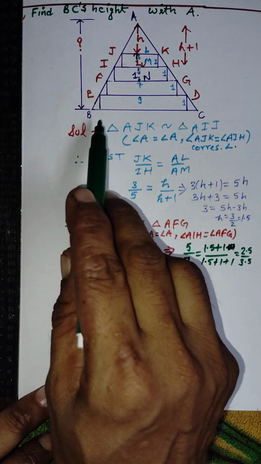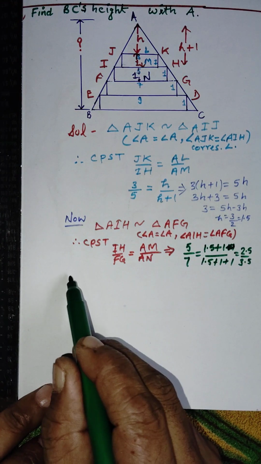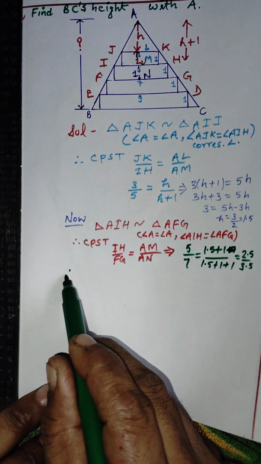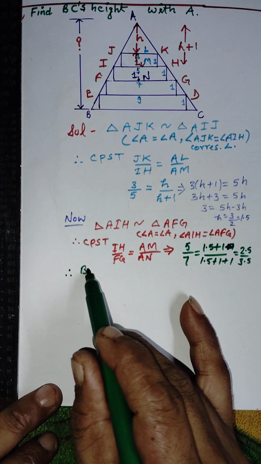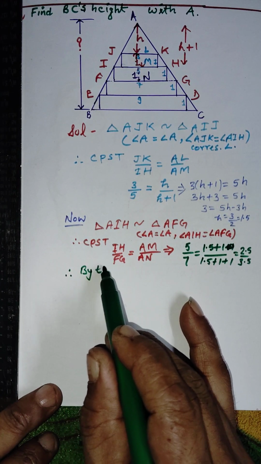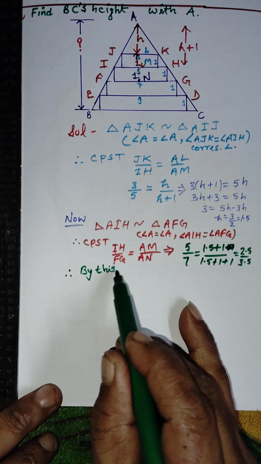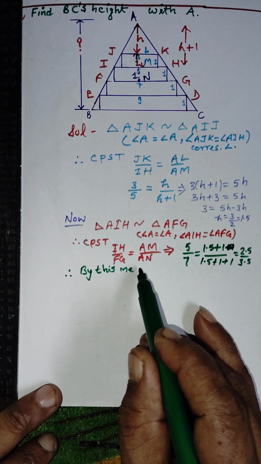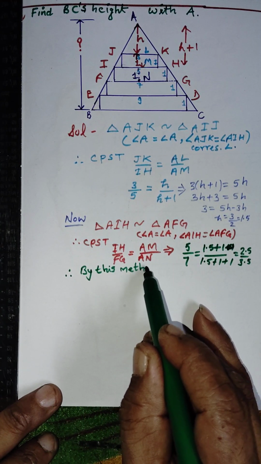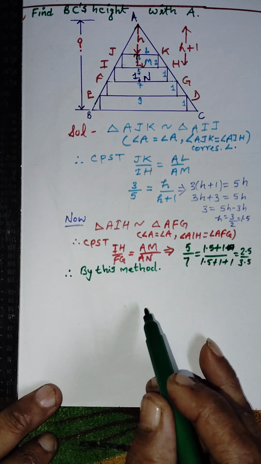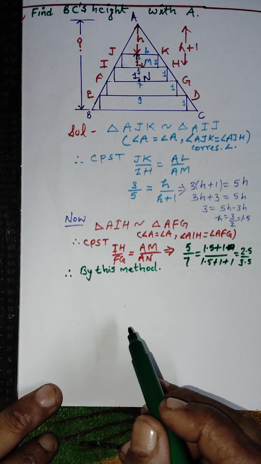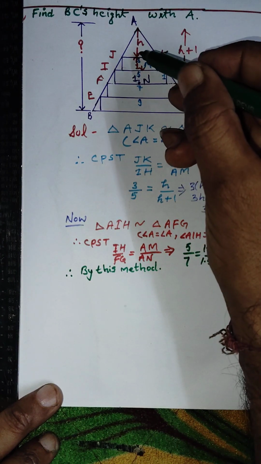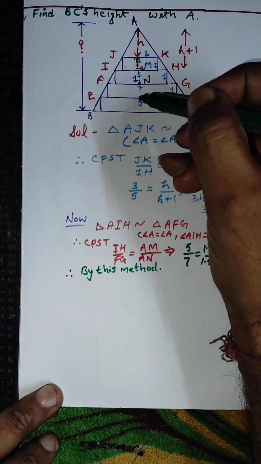So in this way we can continuously solve and calculate the total height. The total height is H plus 1 plus 1 plus 1 plus 1.